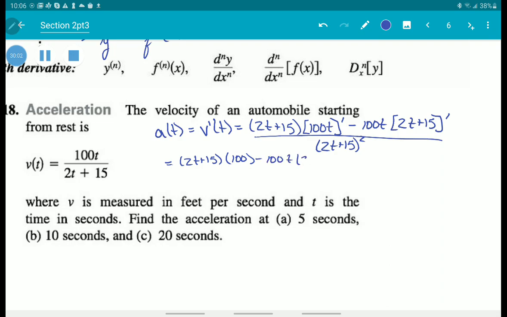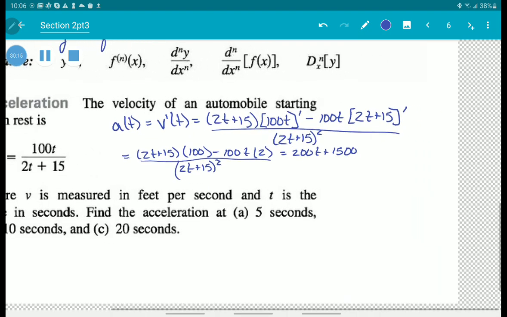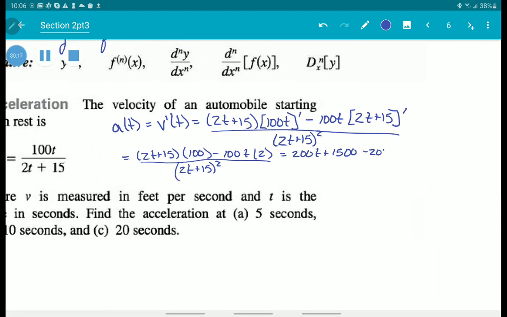Derivative of 2t plus 15 is 2. So we have 200t plus 1500 minus 200t over 2t plus 15 squared. So we're going to get 1500 over 2t plus 15 squared.